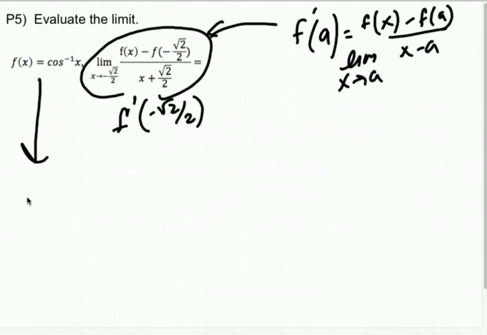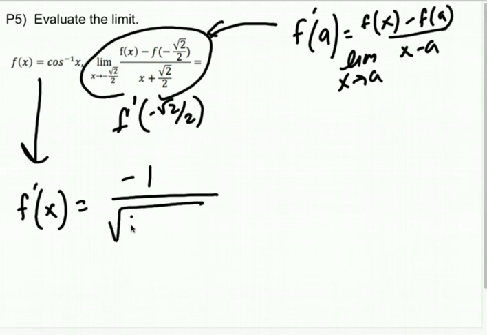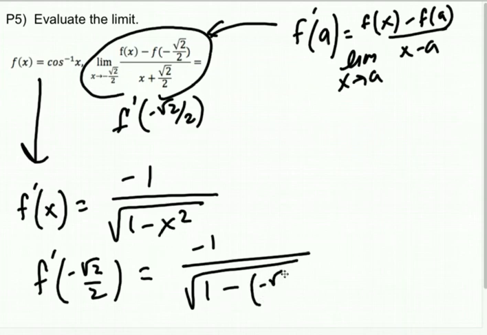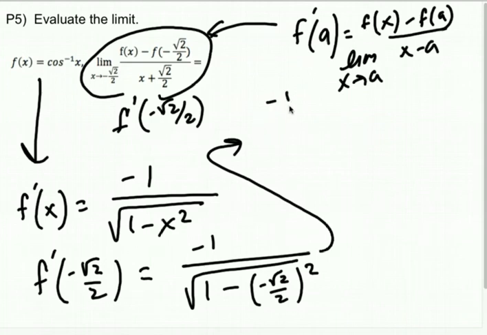So I go ahead and find f prime of x. Well, the derivative of inverse cosine is negative 1 over the square root of 1 minus x squared. So that means my f prime of negative root 2 over 2 is going to be negative 1 over the square root of 1 minus this negative root 2 over 2 quantity squared. Then we need to clean up a little bit because they're not going to leave the answer looking like this. When you square root 2, you just get 2.